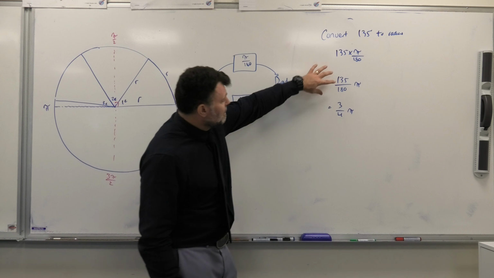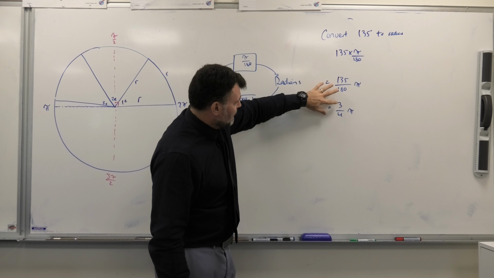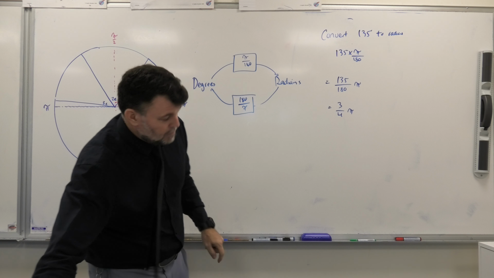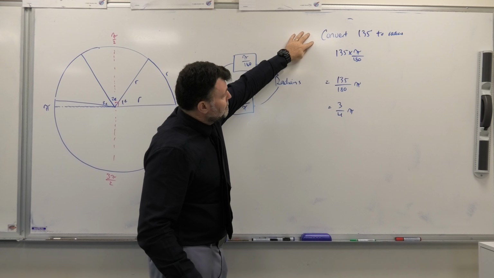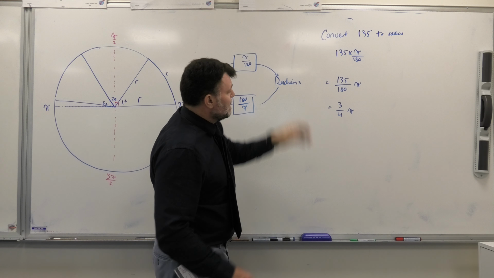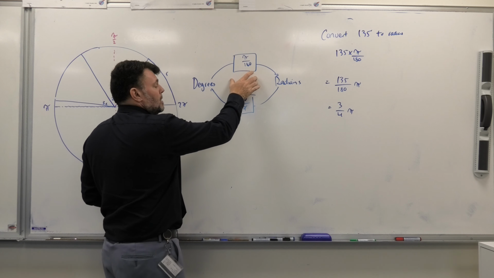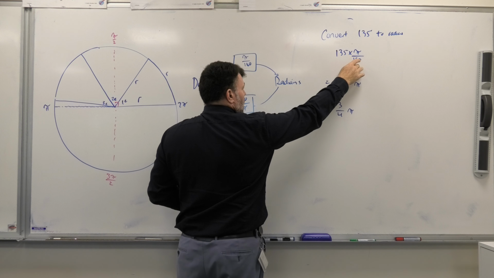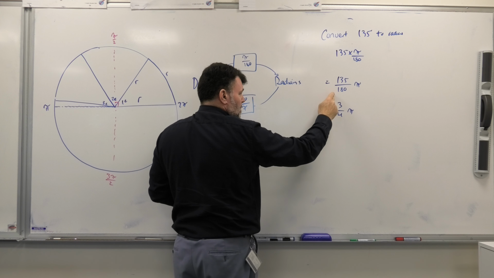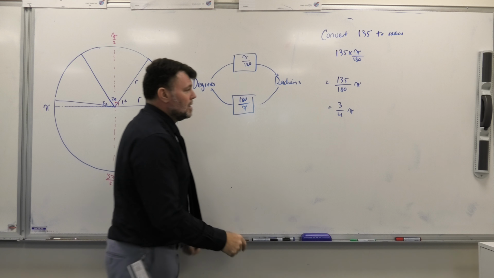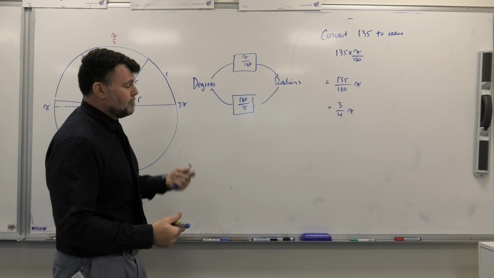So if I divide 45 into both of them, I get 3/4. So therefore, converting 135 degrees to radians is a matter of just using this formula. So 135 times pi over 180, 135 divided by 180 times pi gives me 3 on 4 pi.